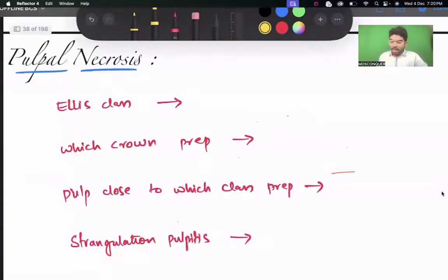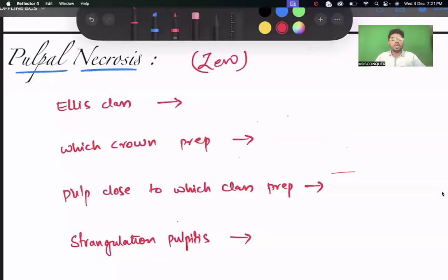Okay, a little bit about pulpal necrosis. Can you tell me what is the pulpal pressure in pulpal necrosis? Whenever there is a pulp necrosis, what is the pulpal pressure? So 0.